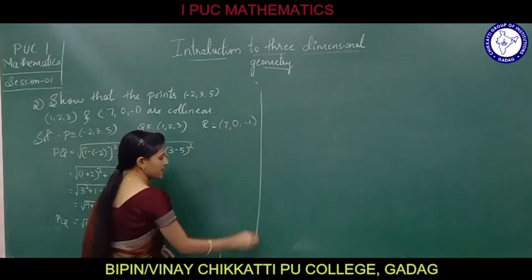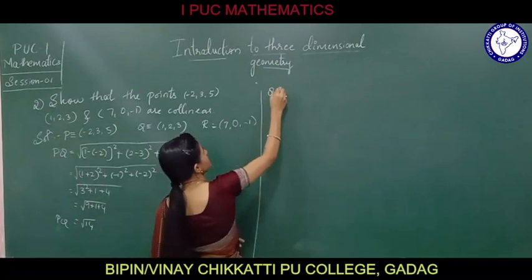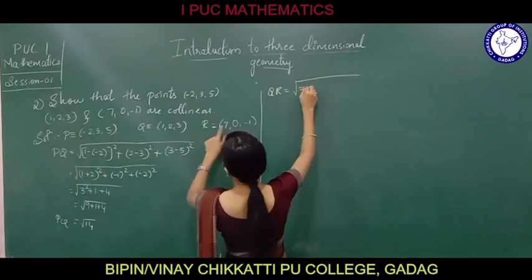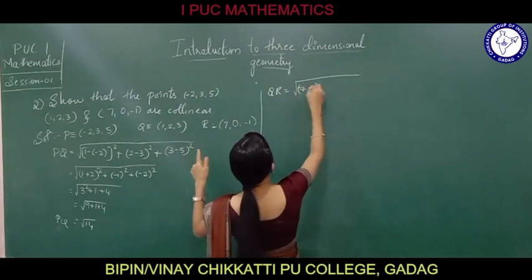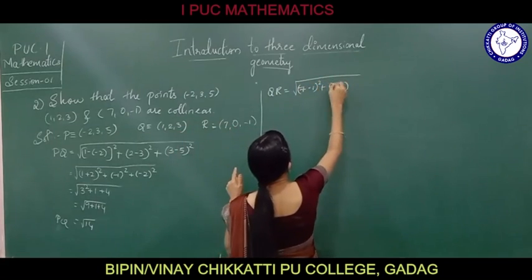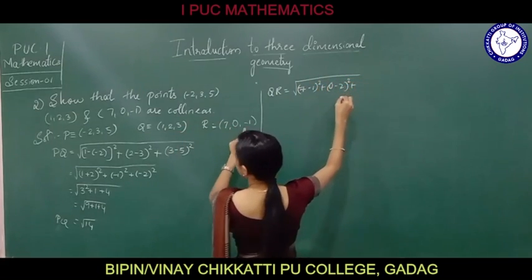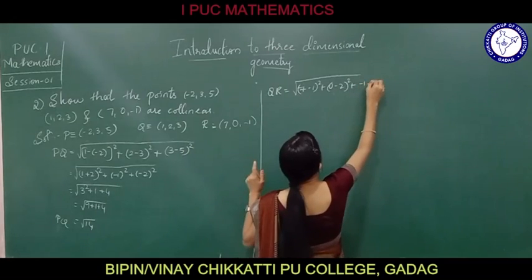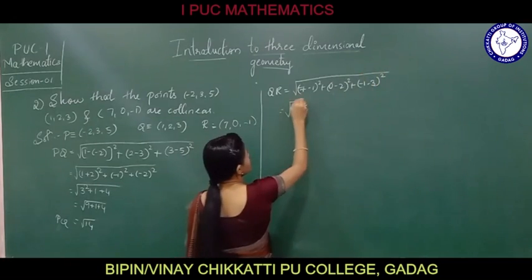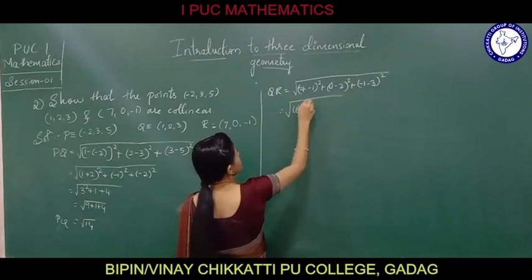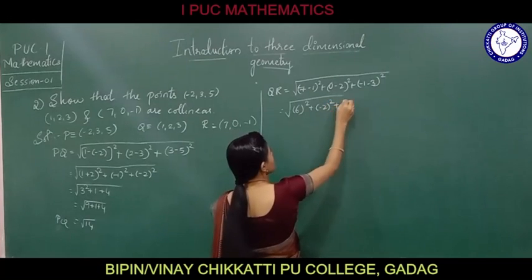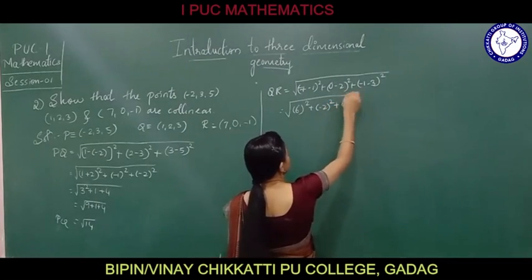Next, what about QR? QR will be equal to root of 7 minus 1 whole square plus 0 minus 2 square plus minus 1 minus 3 square. That I am going to get as 6 square plus minus 2 square plus minus 4 square.